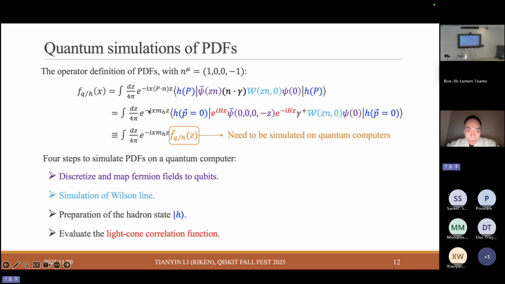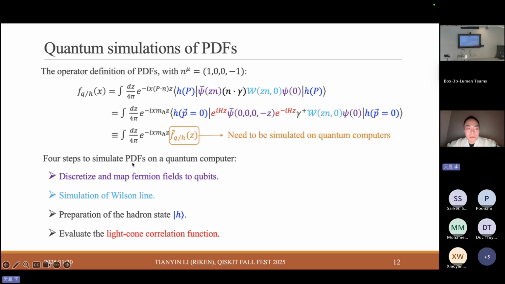Here psi bar and psi are fermion fields, and W here is a Wilson line, and the existence of the Wilson line is to guarantee the gauge invariance of the parton distribution functions. All we need to simulate on a quantum computer are the things inside this bracket, and we denote these as f tilde here.